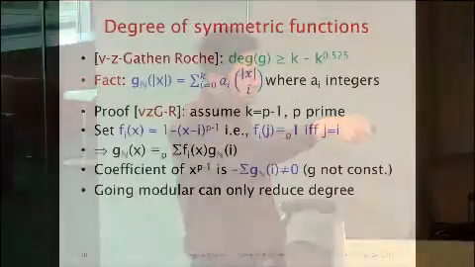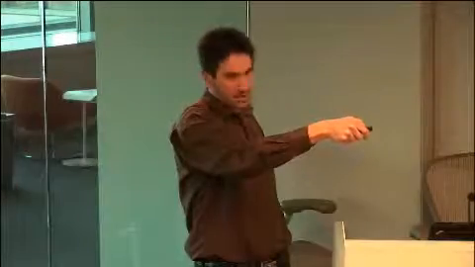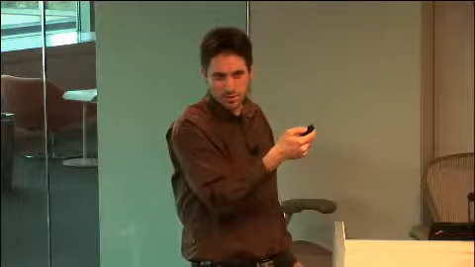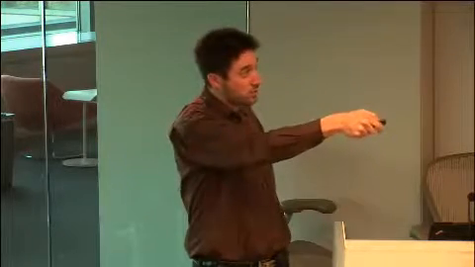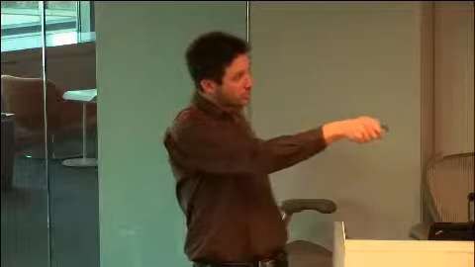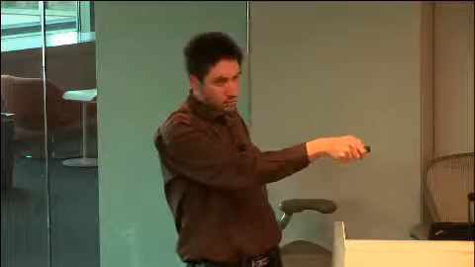Why can we take modulo p to this representation? Well, think about it. I is at most p minus 1, right? The number of variables is p minus 1. So I factorial is invertible modulo p, right? So this is also the representation over p, so it has the same degree. This is equality mod p.